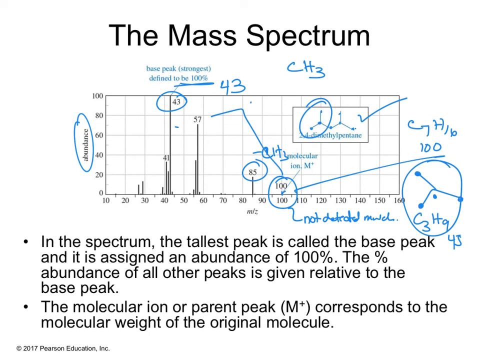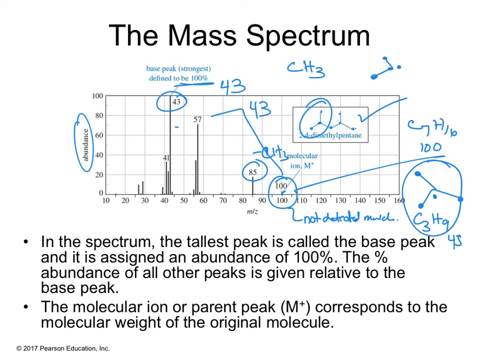That's 43. Okay, so you're losing basically 3 carbons and 7 hydrogens. So 3 carbons and 7 hydrogens.